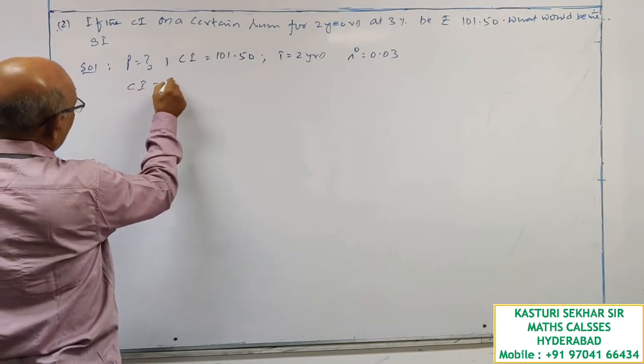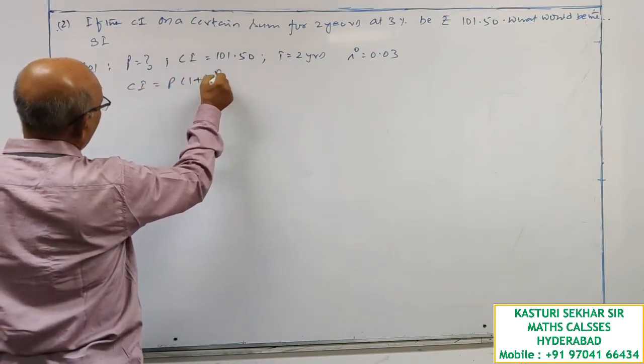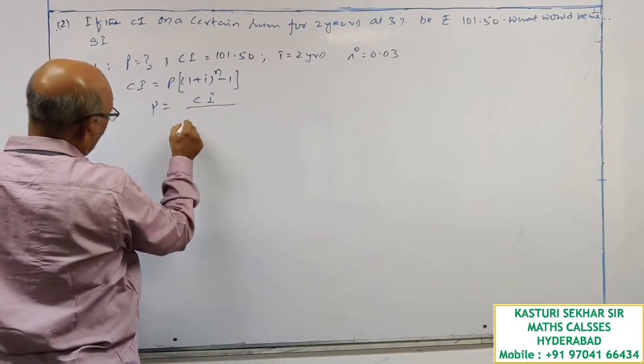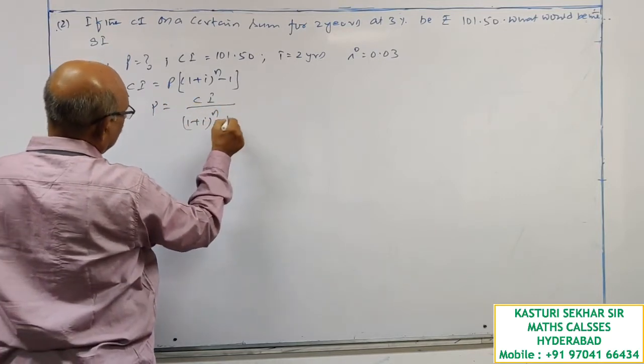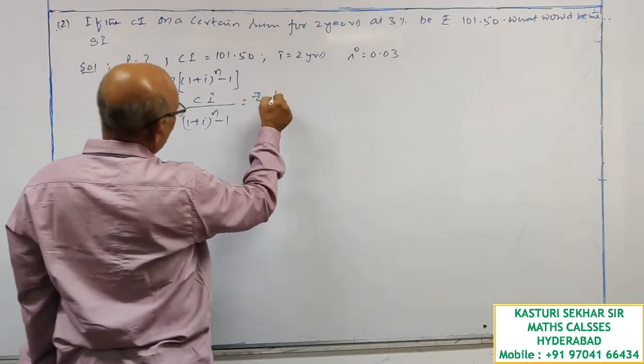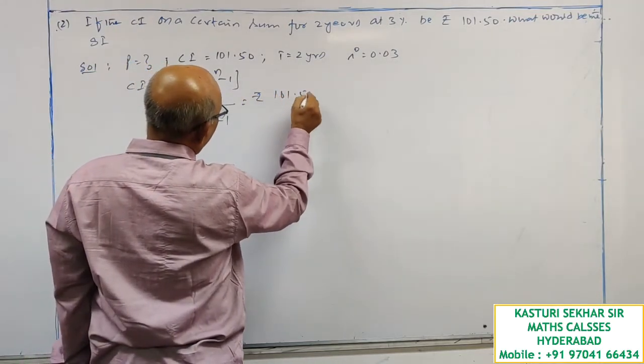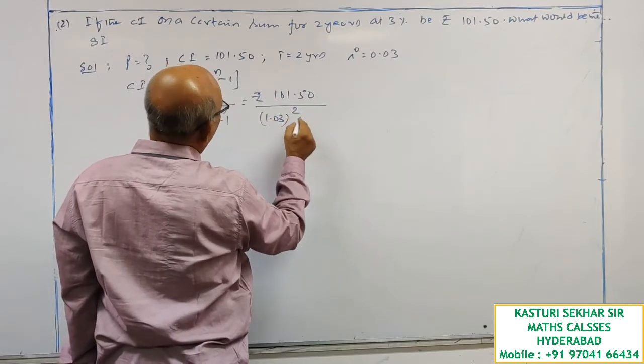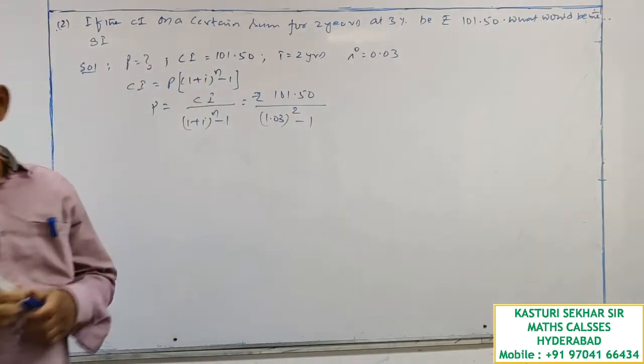Compound interest is equal to principal into (1 plus I) whole power n minus 1. Principal is equal to compound interest by (1.03 whole square minus 1), so this is rupees 101.50 by (1.03 whole square minus 1).